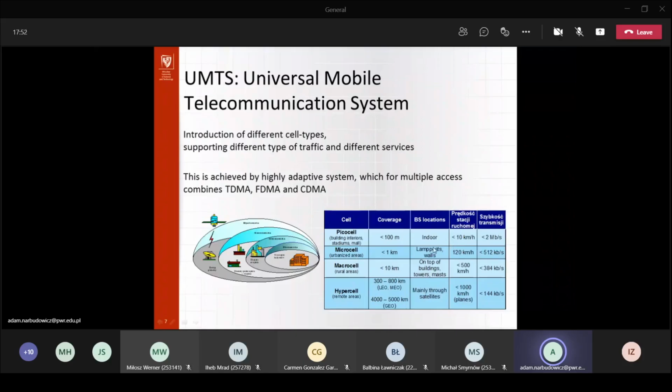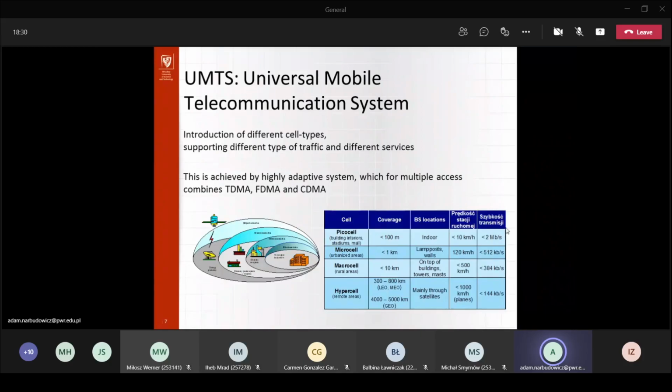What is also interesting here is that those cells are mapped to different propagation channels. That goes back to the lecture that we had earlier. So typically, indoor communication is very short range communication with relatively low delays, and that can also see very high speed transmission, up to 2 megabytes per second.